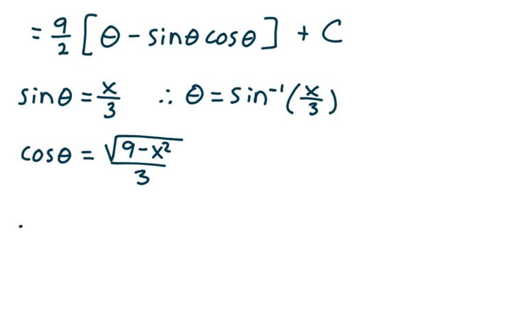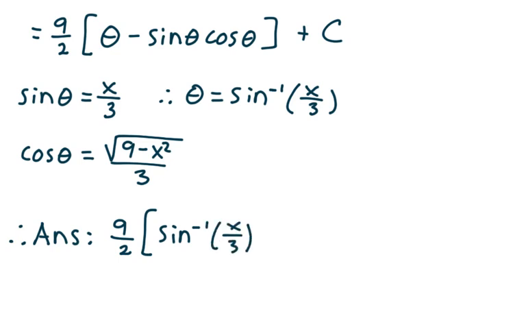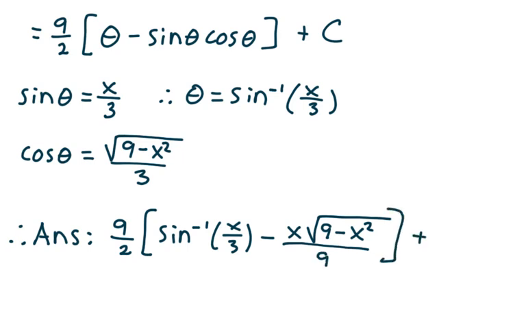And so, therefore, the answer is 9/2 times the quantity arc sine of x divided by 3 minus x square root of 9 minus x squared divided by 3 times 3, which is 9, plus c.